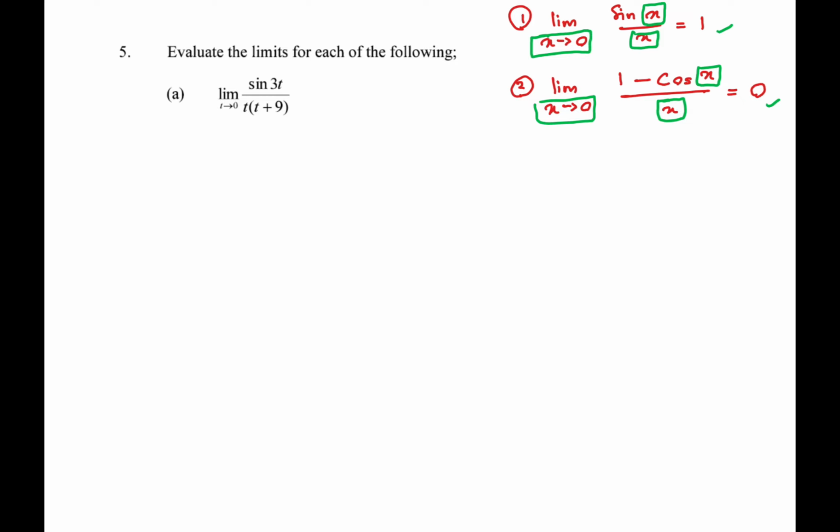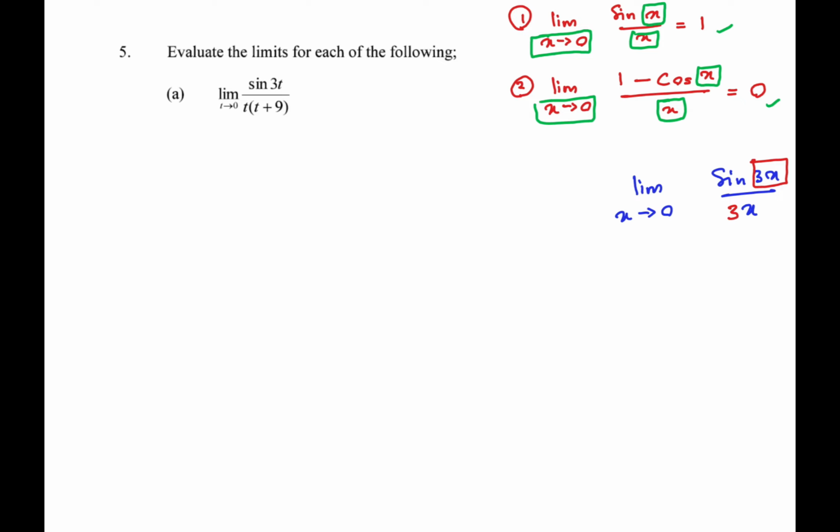For example, if you have limit as x approaches 0 of sine 3x over x, your angle is 3x, so we need to multiply the denominator by 3.